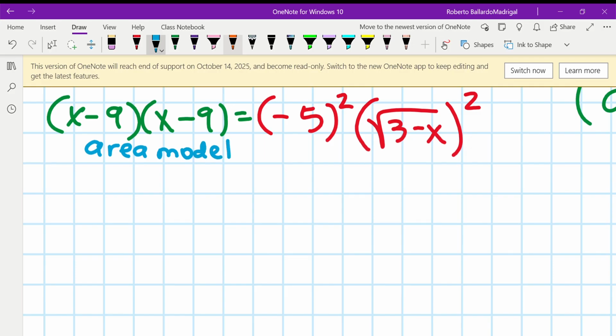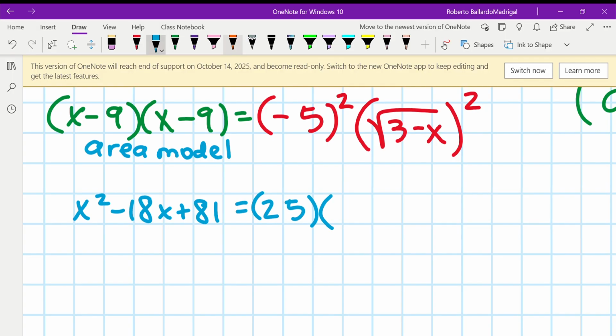You can do that on your own if you wish. Just know from this you're going to get the following: x squared minus 18x plus 81 equals 25 times (3 minus x). How do we get 25? Well, negative 5 squared is 25. How do we get 3 minus x? When you square this, you cancel the radical and you're left with the stuff on the inside.